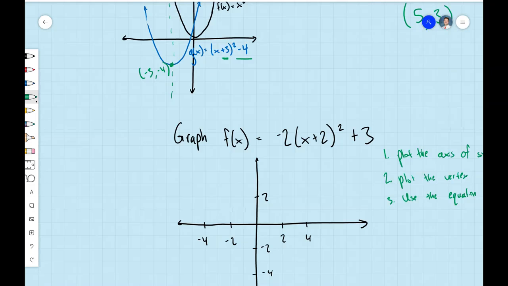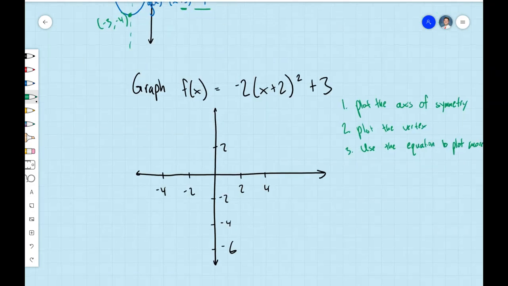Now let's look at graphing two of these. So f of x equals negative 2 times x plus 2 squared plus 3. The first thing we can do is plot that axis of symmetry, because we know it's going to be at h. Again, the format is a times x minus h squared plus k.